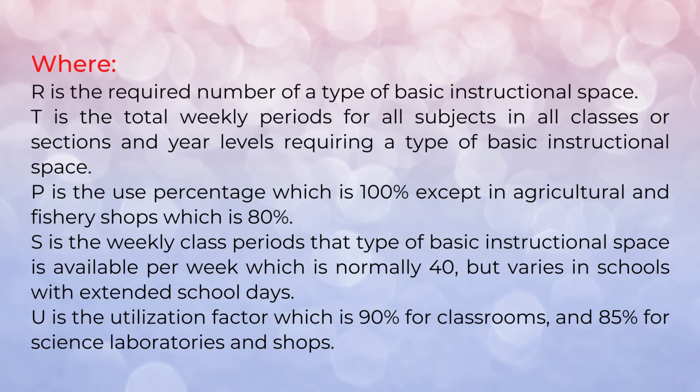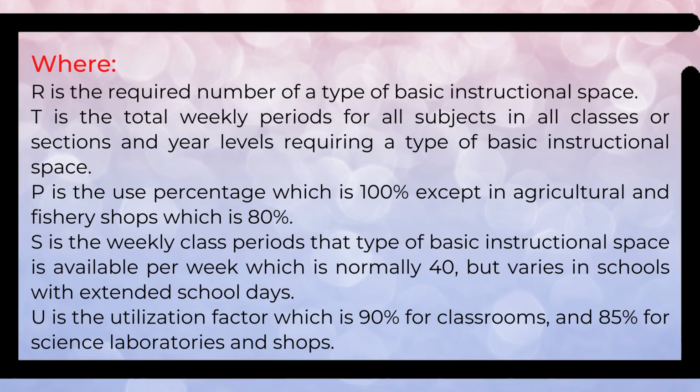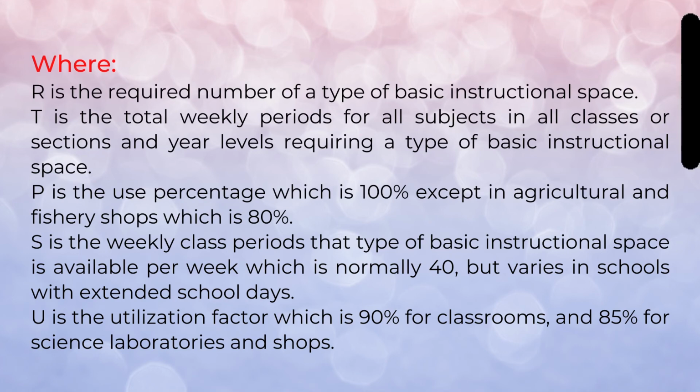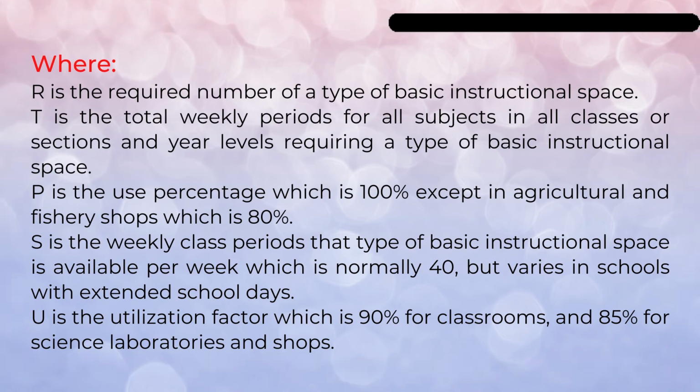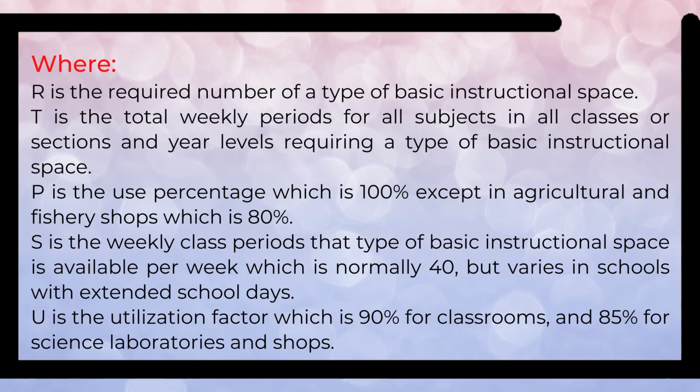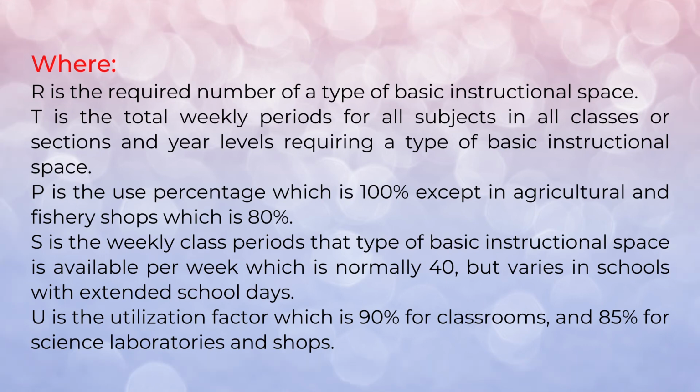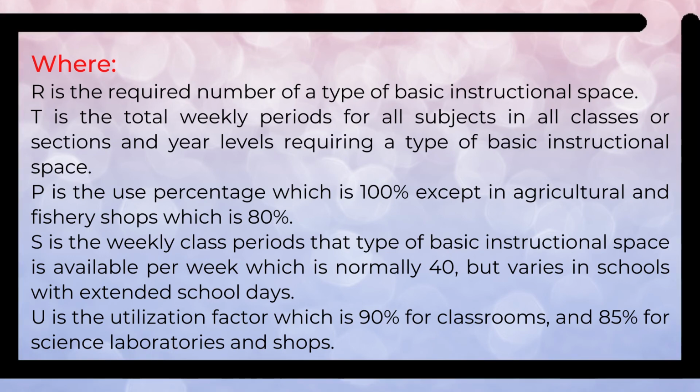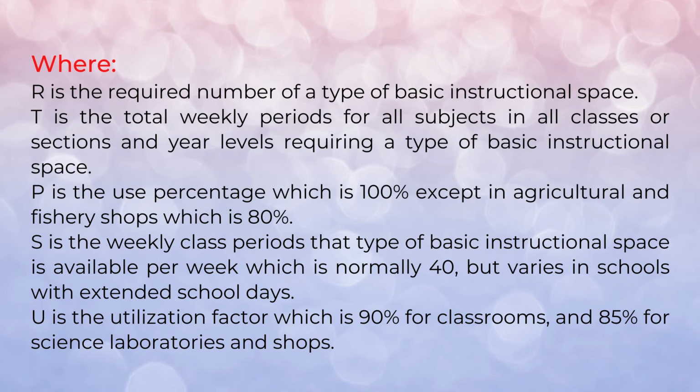P is the use percentage, which is 100%, except in agricultural and fishery shops, which is 80%. S is the weekly class periods the type of basic instructional space is available per week, which is normally 40 but varies in schools with extended school days. U is the utilization factor, which is 90% for classrooms and 85% for science laboratories and shops.